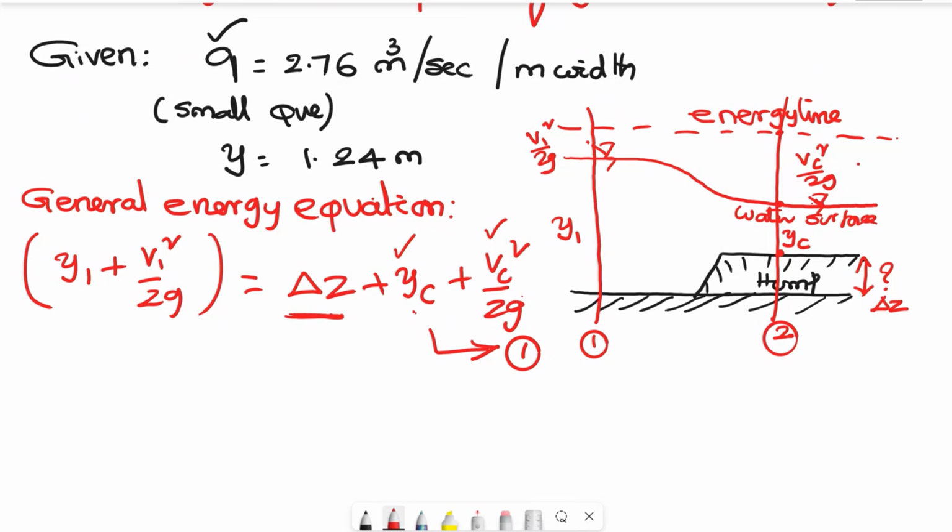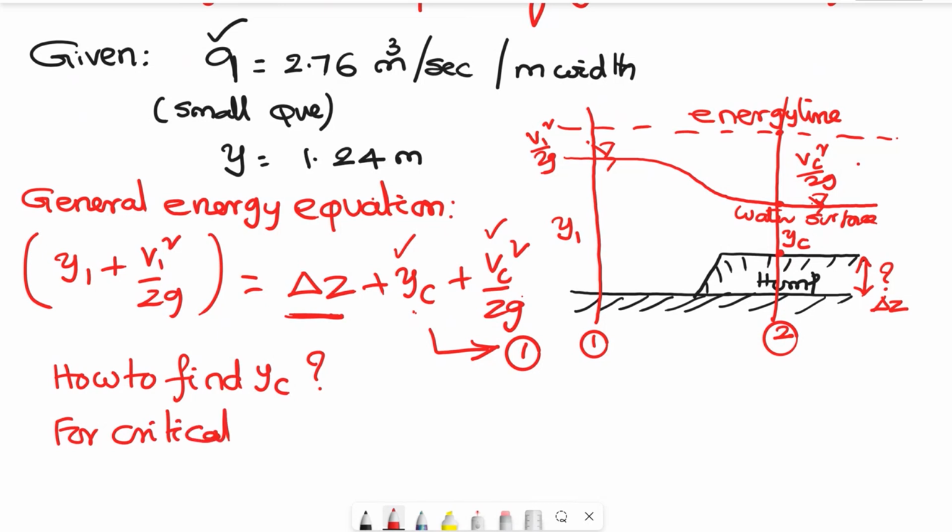So how to find next is how to find yc. This is the question. So how to find yc? We know that for critical flow, because they mentioned at that place it is critical flow, right? yc is equal to q square by g whole to the power of 1 by 3.